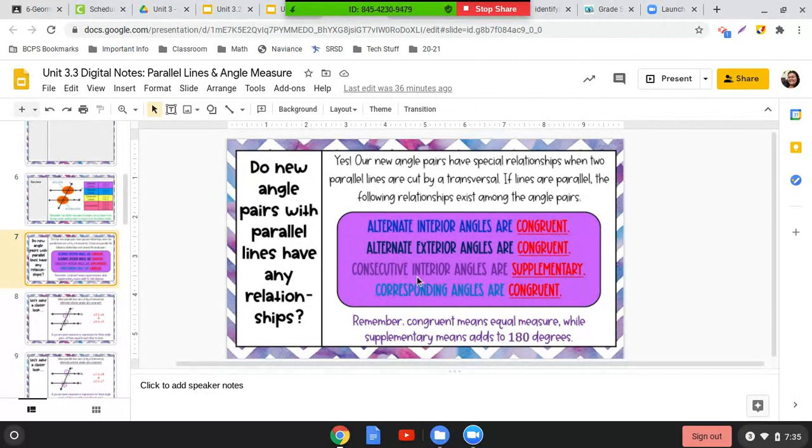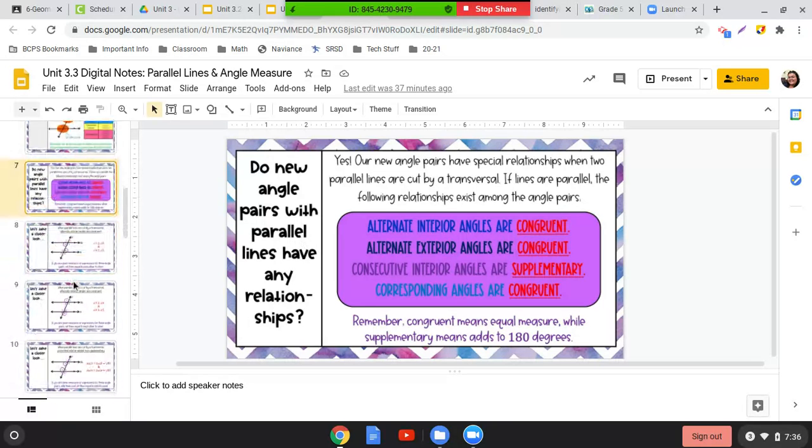Consecutive interior angles are supplementary, and corresponding angles are congruent. And remember that congruent means they have equal measure. So we're going to look at each of these types of angles and really be able to see that they're congruent or supplementary.